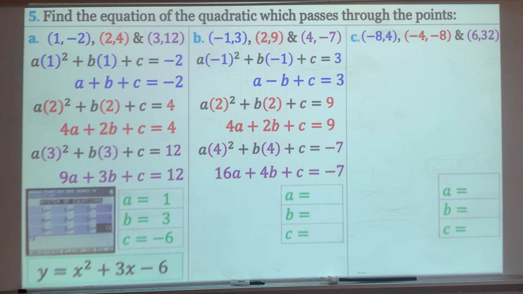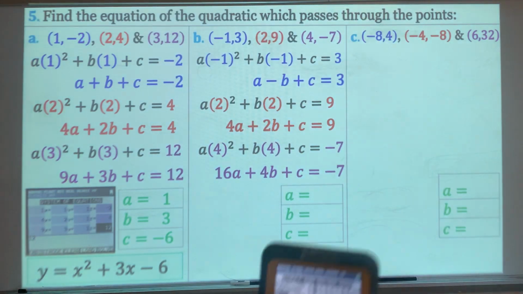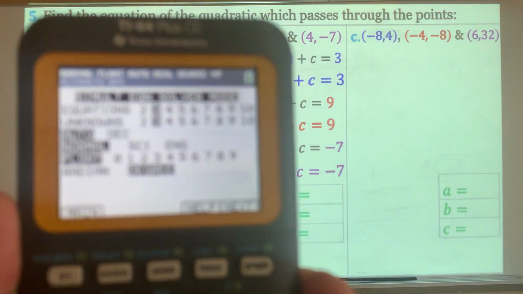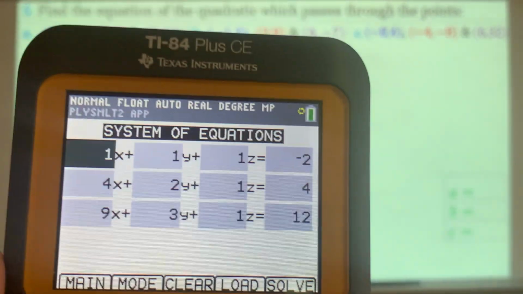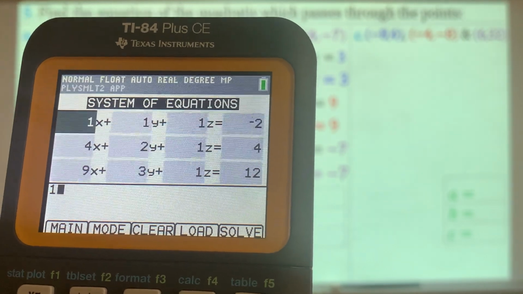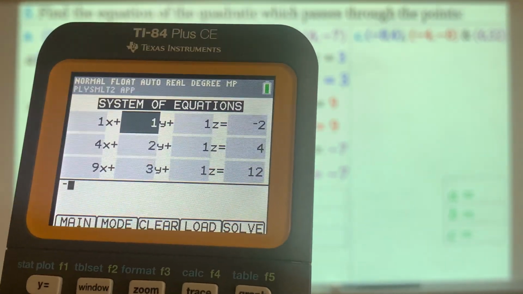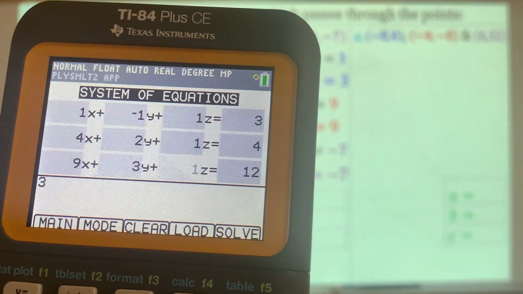Now, let's go look at this real quick. The way this works is you go to main, simultaneous equation solver. It's already here at 3, 3, 3, and 3. I hit next. I got some stuff up here already, but it doesn't matter. I'm going to go 1, b is -1, c is 1, and I got 3.